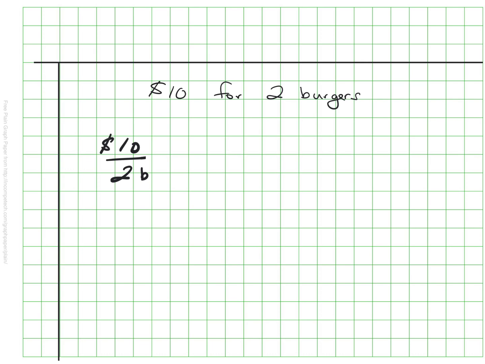And you're probably thinking to yourself right away, well, I know that's probably $5 for 1 burger. And you'd be right. But mathematically, what you might not realize you're doing is that you're saying, well, I had 2 burgers, so I'm going to split that by 2 to figure out that I want 1 burger. And I'm going to do the same thing with the other part of my ratio and divide that by 2 to figure out the corresponding price.